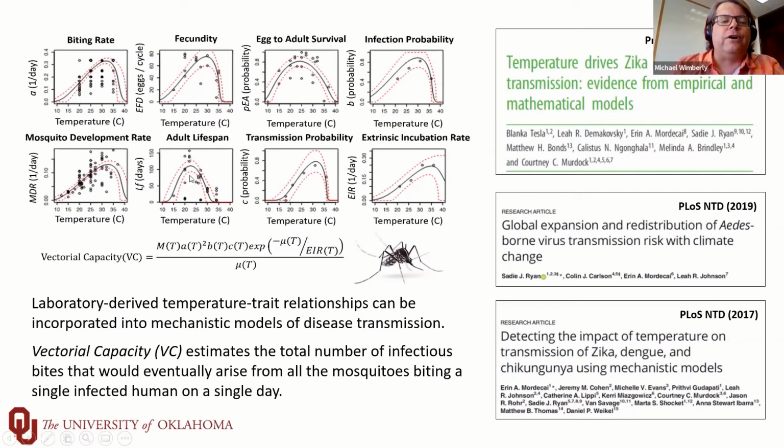It tends to live the longest at slightly cooler temperatures. Temperature also affects things like the infection and transmission probabilities, and what's called the extrinsic incubation period, essentially how long it takes an infected mosquito to be able to transmit the virus, to be infectious.